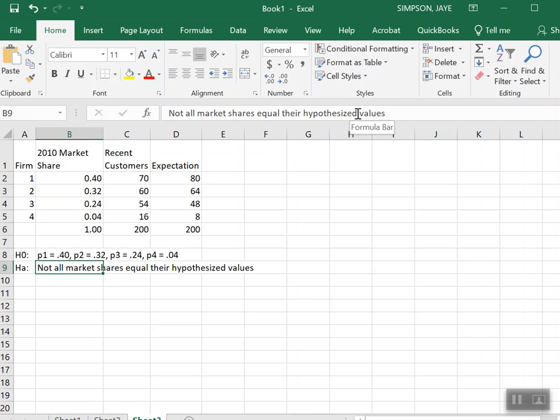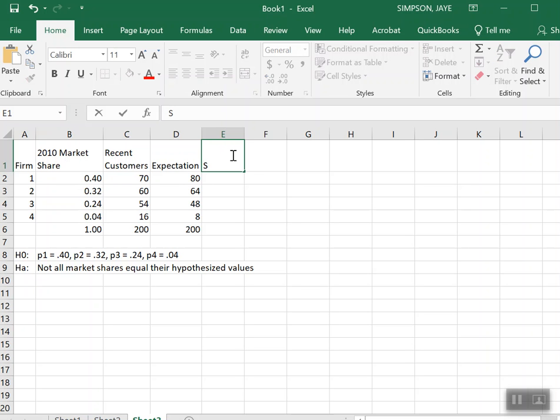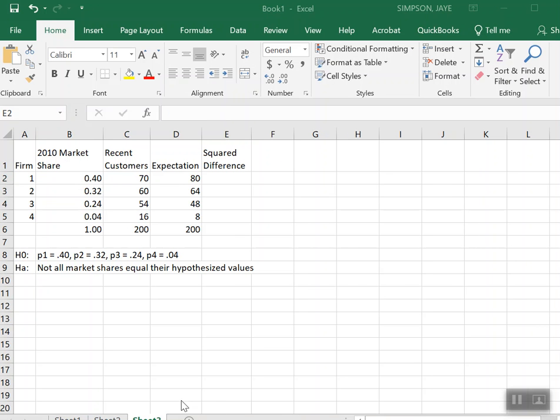So now I'm going to go through here, and I find it easier to do it this way. I'm going to go through here and calculate the squared difference. All right, so the squared difference is going to be equal to the survey response of 70 customers minus my expectation.